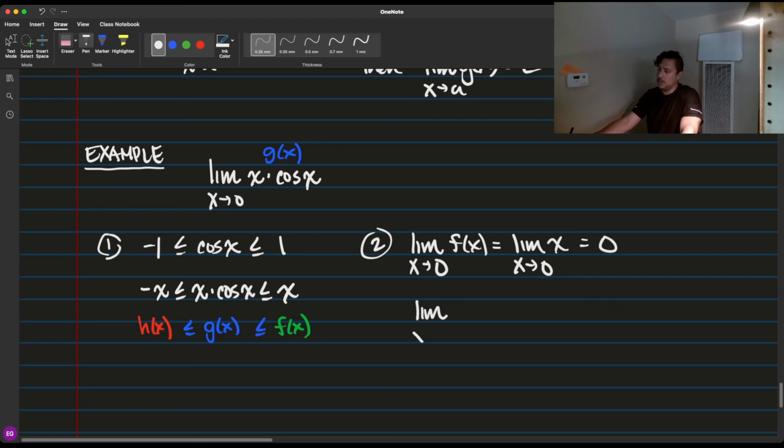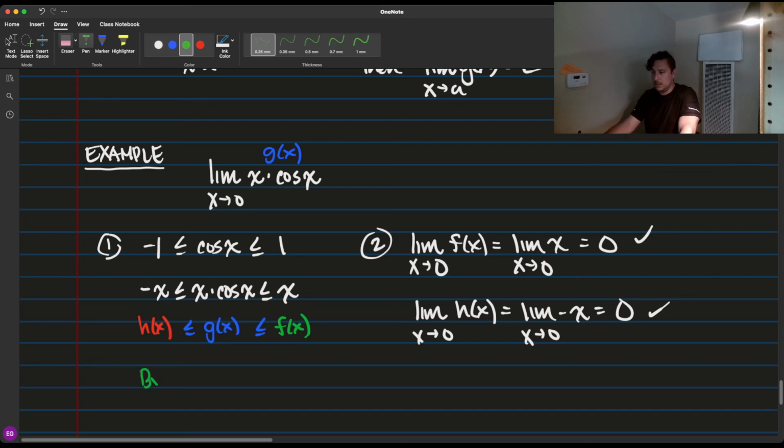And we could do the limit as x approaches 0 of h of x, which is just the limit as x approaches 0 of minus x, which by direct substitution is also 0. So because they are equal to each other, we can now say by the Squeeze Theorem, the limit as x goes to 0 of g of x, which is x times cosine x, is also equal to 0.